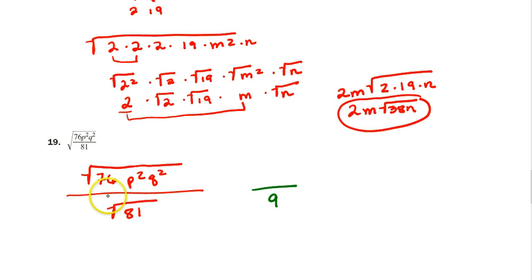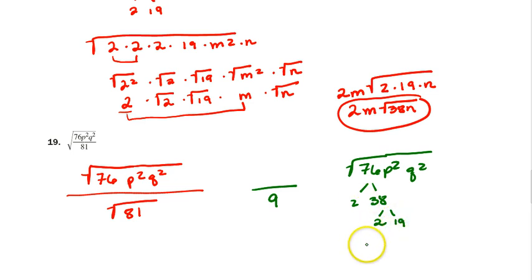On the top, I need to factor this out. All right? So, if I take the square root of 76 p squared q squared, 76 can be factored into 2 times 38, and then 2 times 19.